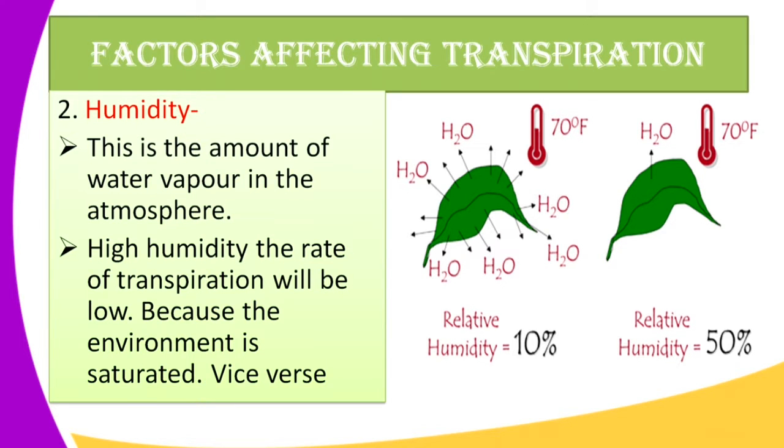It means there is vapor in the atmosphere, while the vice versa will be at low humidity, the rate of transpiration will be high. If you look at our example, when the humidity is very low, the water will be lost, while when the humidity is very high, less water will be lost to the environment.